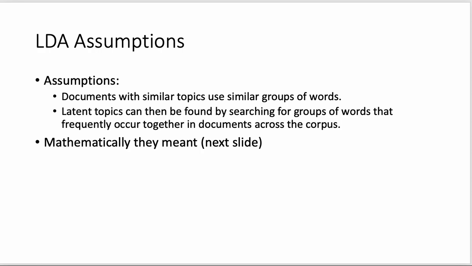So LDA is based upon two main assumptions. The first one is that documents with similar topics use a similar group of words. We assume that, and that's a pretty reasonable assumption, right?